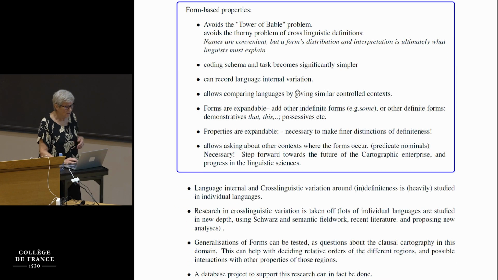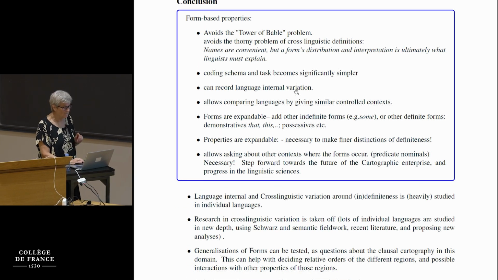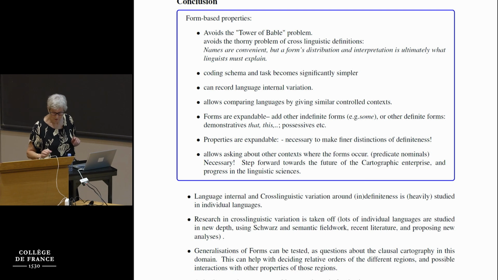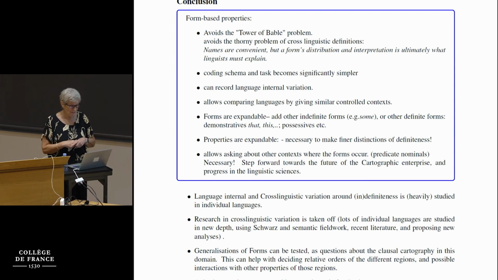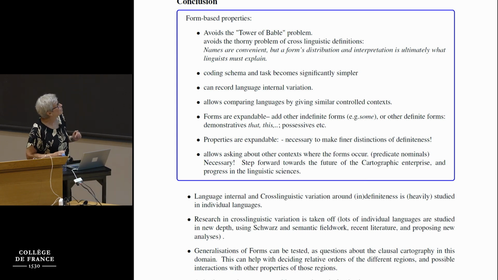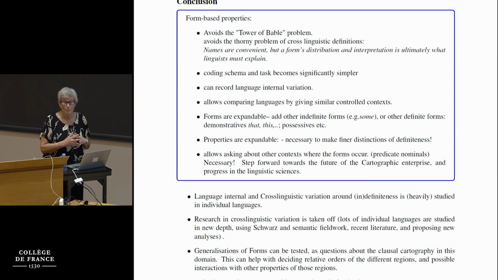Okay, so the form-based properties, get to the conclusion. They avoid kind of what Luigi referred to as the Tower of Babel, not the Babel problem, which is basically a problem that we have within linguistics.